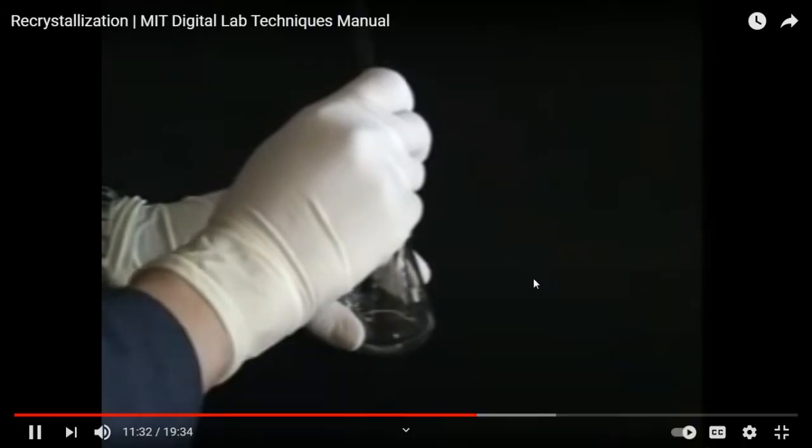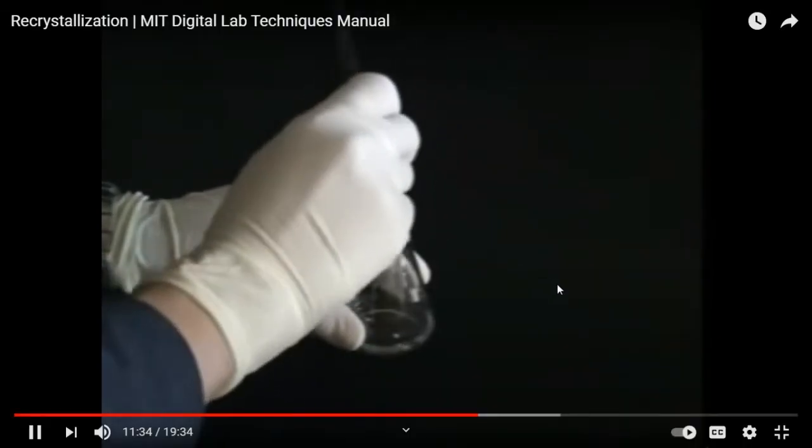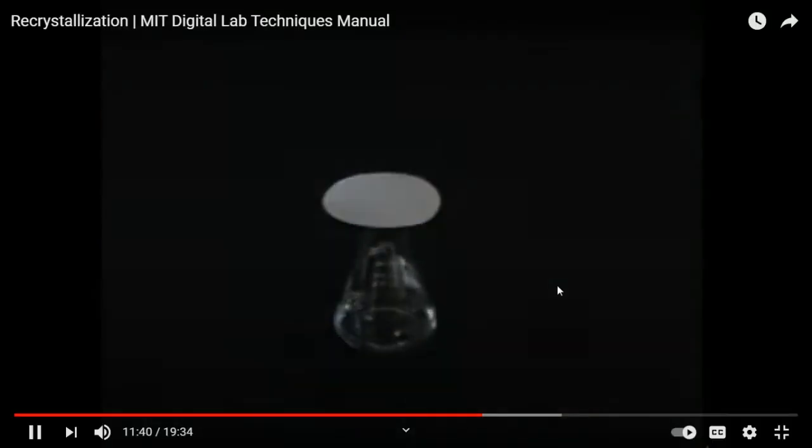First, try scratching the side or bottom of the flask with a glass rod. Don't press too hard or you'll break it. That works because glass is a silicon oxide polymer, okay? The OHs are on the surface.